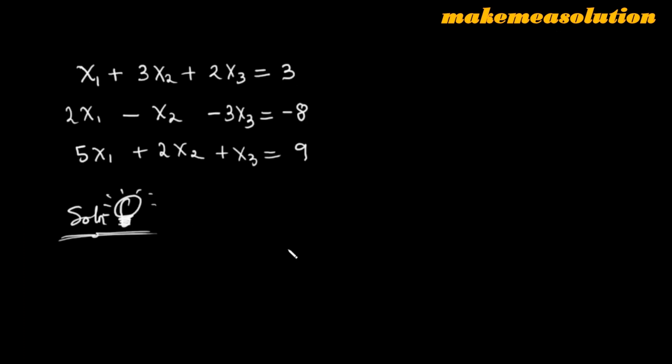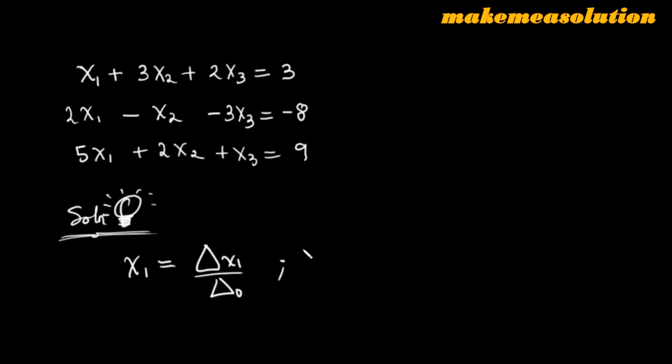So to solve this problem with Cramer's rule, I'm going to show you a pretty straightforward approach that might be a little different from what you know, but if you apply this convention, it will save you a lot of stress. So you can call your x1 as delta x1 over delta naught.